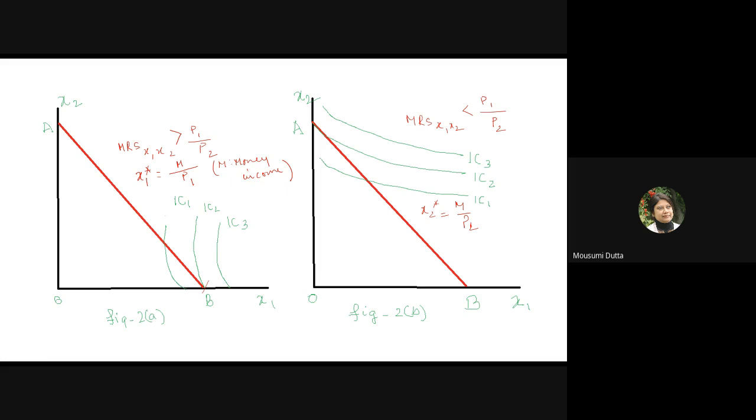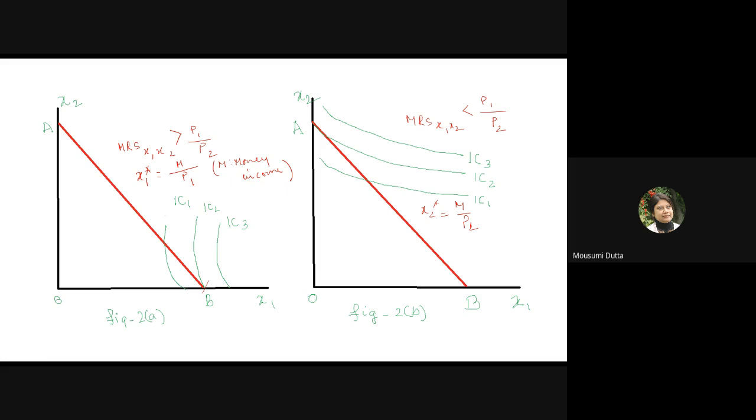Here, the consumer is willing to pay more for X1 than she requires to pay for X1. MU1 by MU2 is greater than P1 by P2. So I'm willing to pay more. I'm paying only P1.